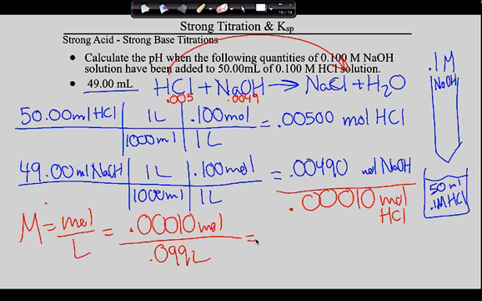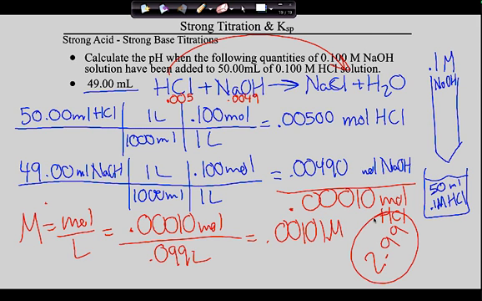Yep, 50 and 49. So 0.0001 divided by 0.099, I get 0.00101, and that's our molarity. Then I'm not going to show the calculation, but we can take the negative log of that, and the pH is 2.99, which, as we saw in the graph, is about 3.